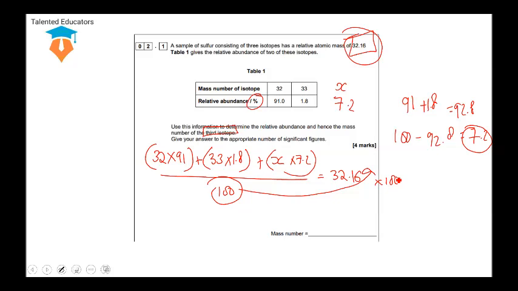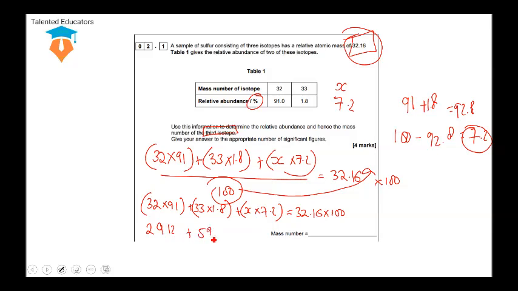Simple. So now we're going to write it down again. 32 times 91, add 33 times 1.8, add X times 7.2 equals 32.16 times 100. So now it's all in one line. Now I'm basically going to work it out. 32 times 91, put it in a calculator, should give you 2,912.